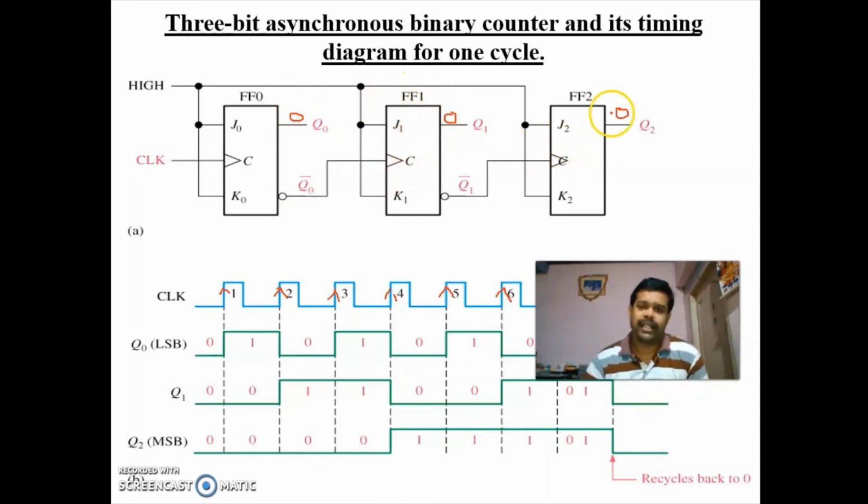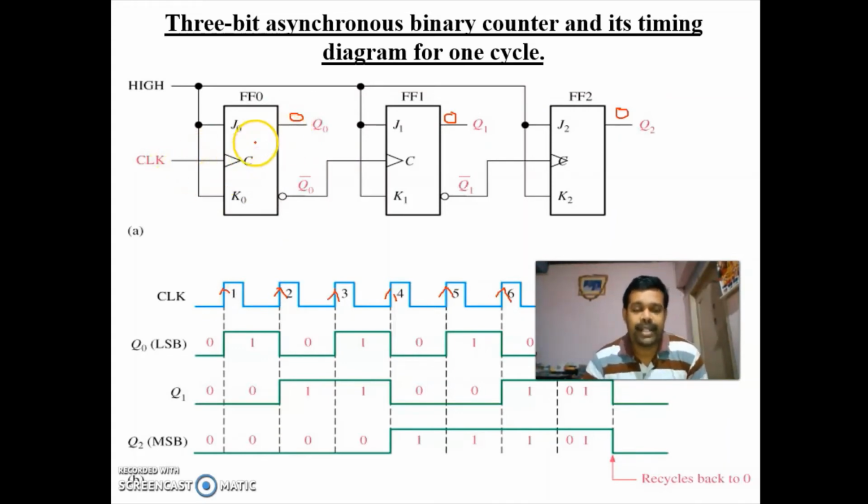And another thing, flip-flop 2 will conduct only if flip-flop 1 is conducting. If flip-flop 1 is not conducting, then flip-flop 2 will also not conduct, and the output remains the same as the previous stage. Now the initial state we are considering as 0 0 0. Here also to flip-flop 0, the first flip-flop, we are providing the clock directly. So during each positive edge its output will change.